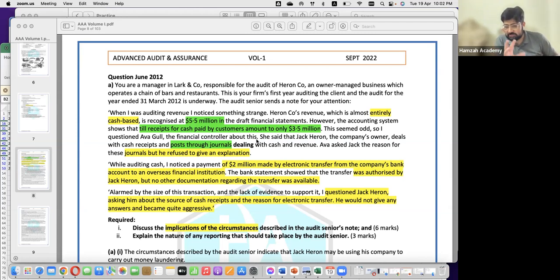Now, implications we are discussing. One more implication: implications for auditor, audit senior. The next line. Audit senior is asking too many questions to Jack Heron.